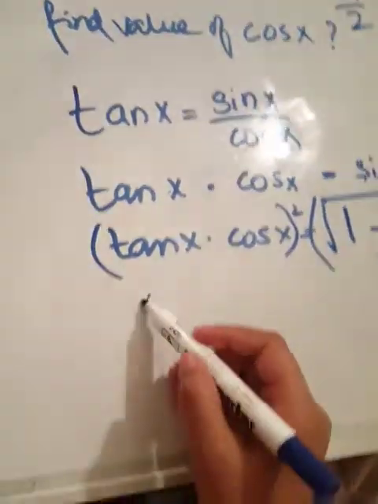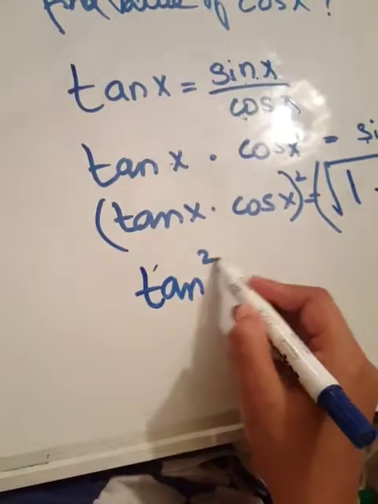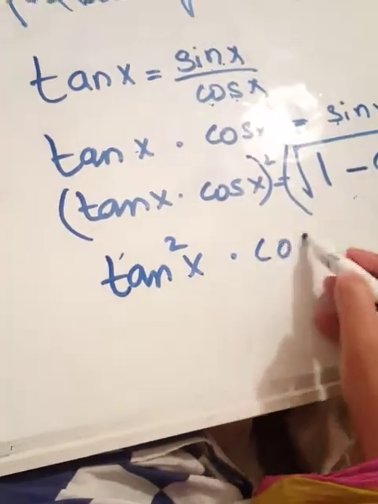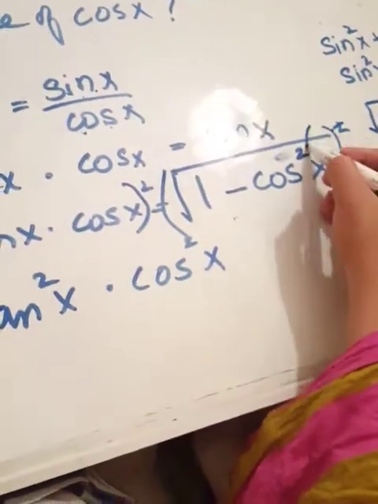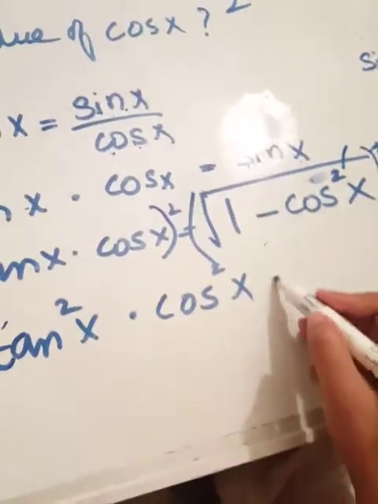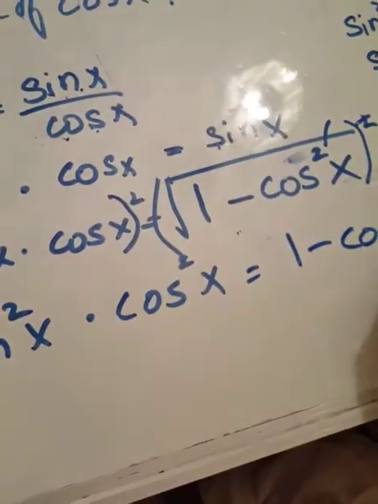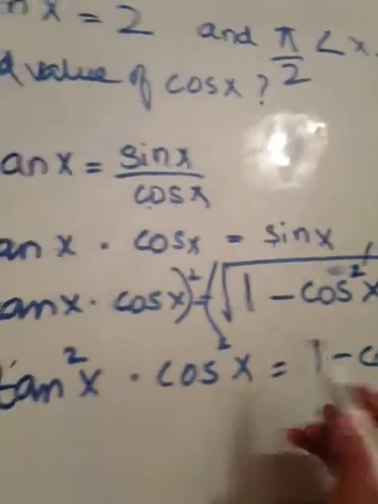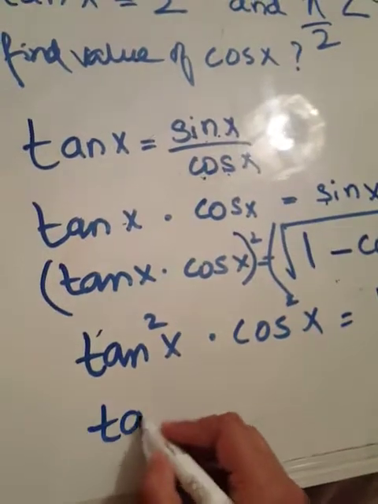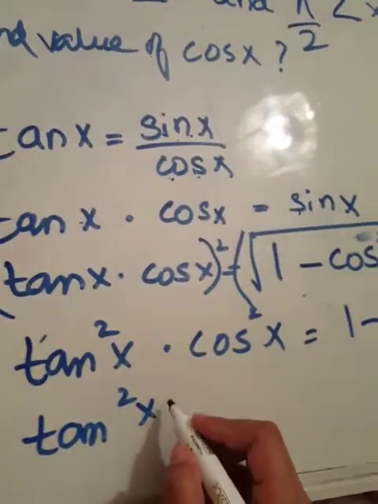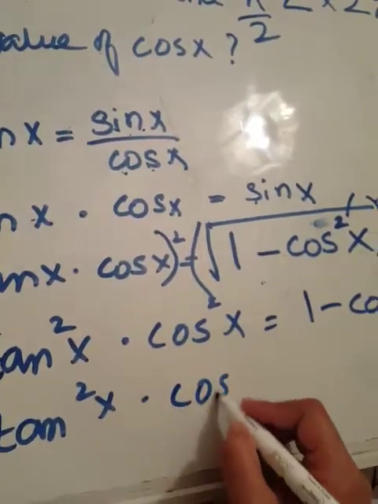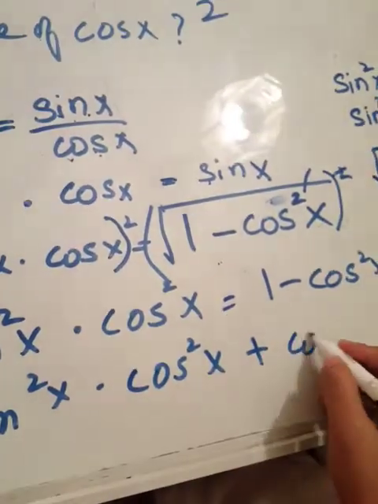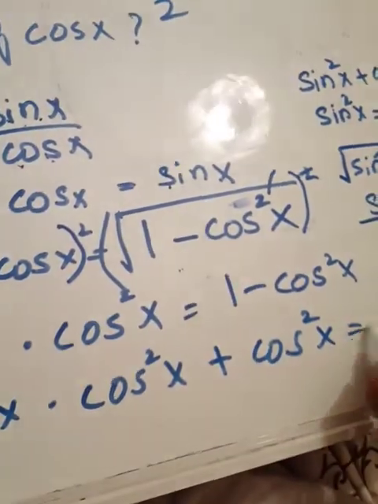So I am squaring here, so this will be equal to tan square of x multiplied by cos square of x, and this square will delete this under root. So this will be equal to 1 minus cos square of x. Now, can I write it as tan square of x multiplied by cos square of x plus cos square of x equals 1?